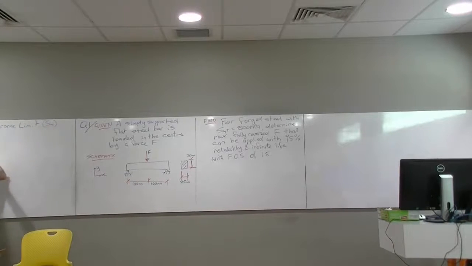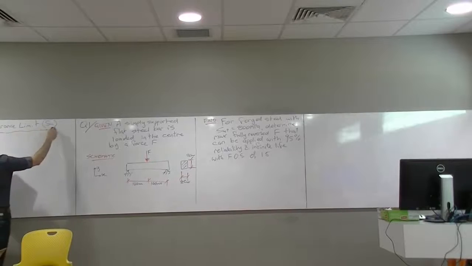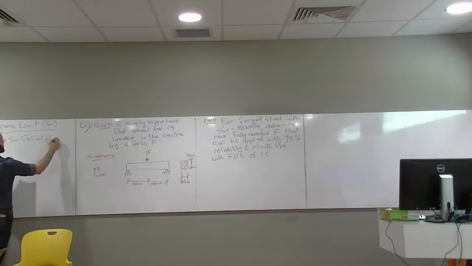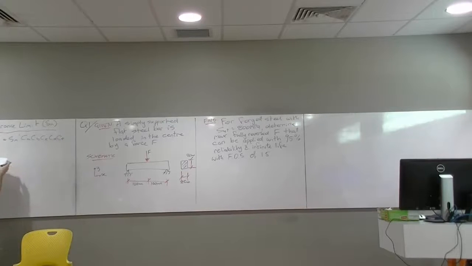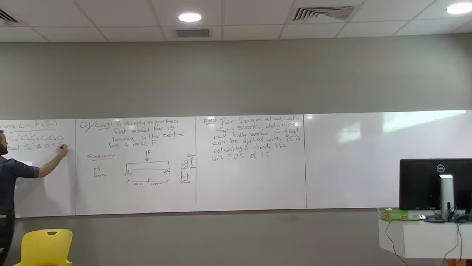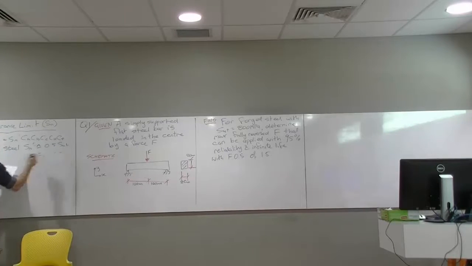Sn. And at that point you put your equation, Sn equals Sn dash Ca, Cb, Cc, Cd, and Ce. And for steel, Sn dash is approximately equal to 0.5 SUT, and then calculate that.